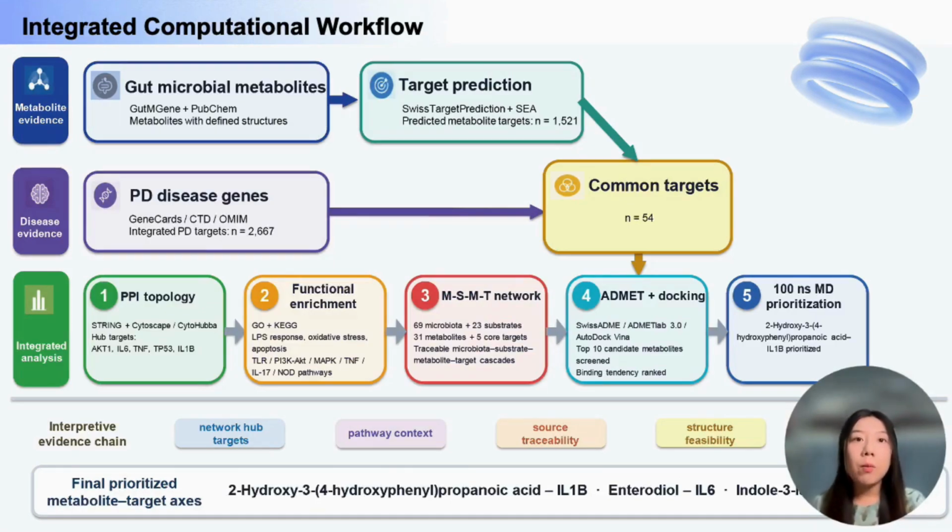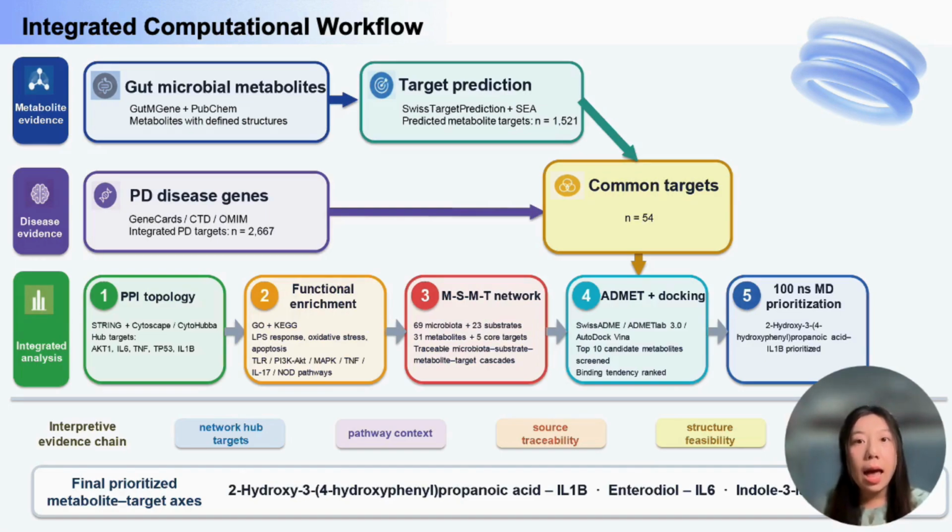The slide shows our workflow. First, we collected gut microbiome metabolites. Then we predicted their possible host targets. At the same time, we collected PD-associated genes from disease databases. Next, we found the common targets between the metabolite-related targets and the PD-related targets. Then we used PPI analysis and functional enrichment analysis. After that, we built a Microbiota-Substrate-Metabolite-Target network.